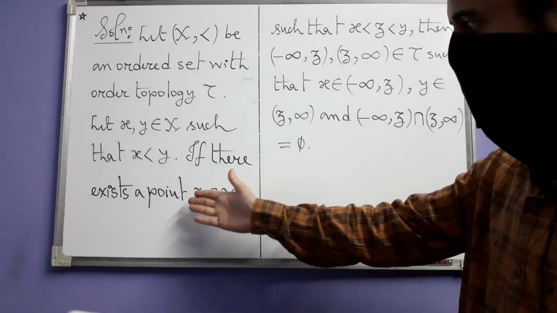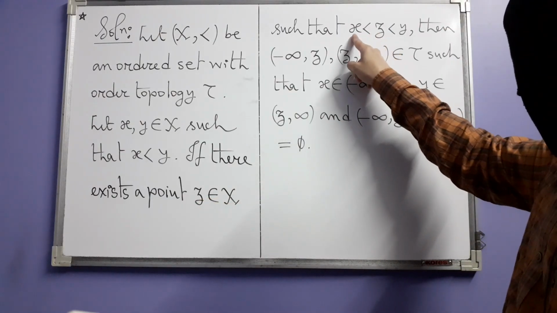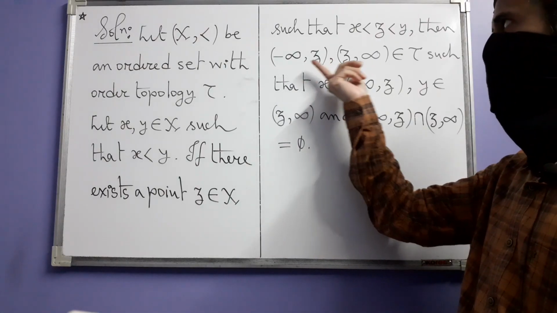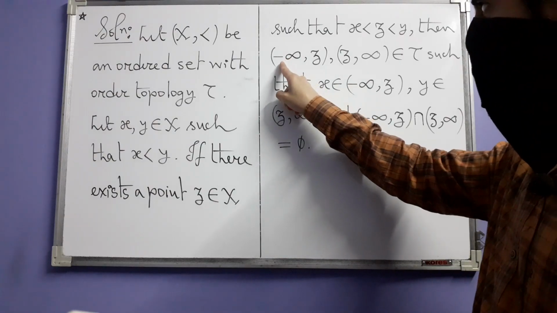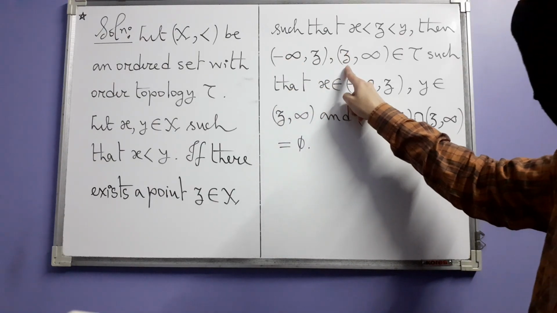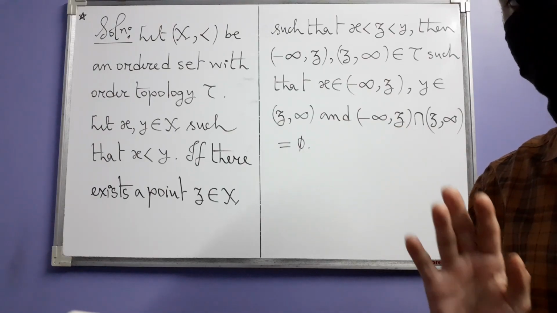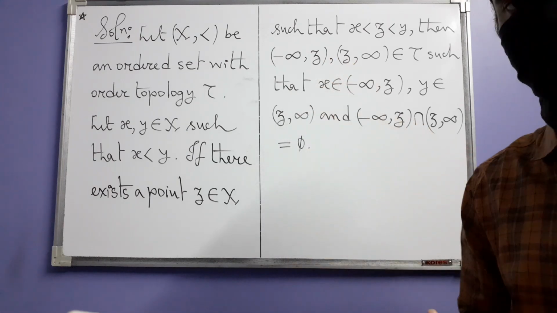Now if there exists a point Z in X such that Z is greater than X and less than Y, then we can consider these two open rays. One of them is minus infinity comma Z, the other one is Z comma infinity, both of which belong to the order topology. That means both of them are open sets. Why do they belong to the order topology?